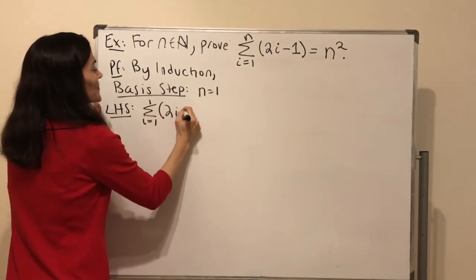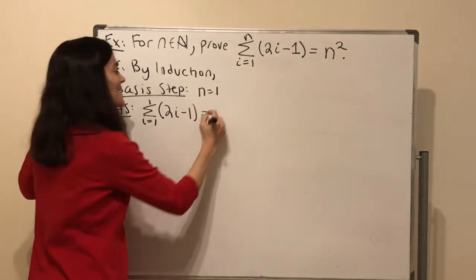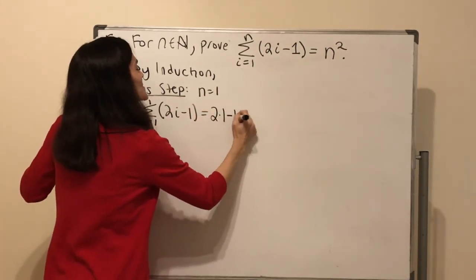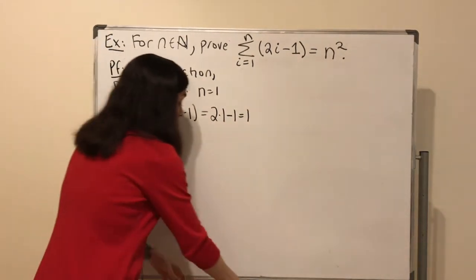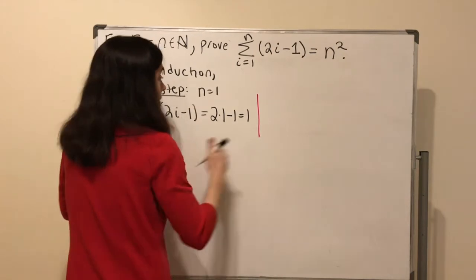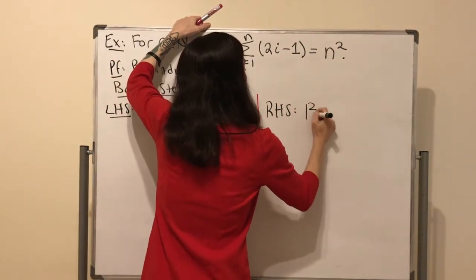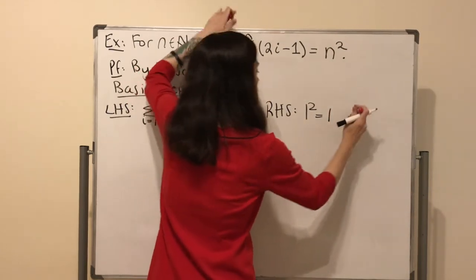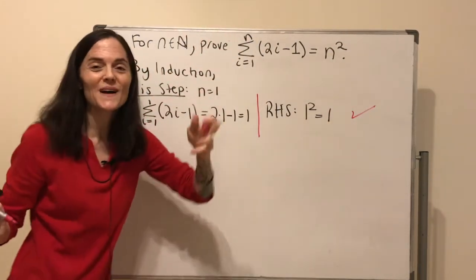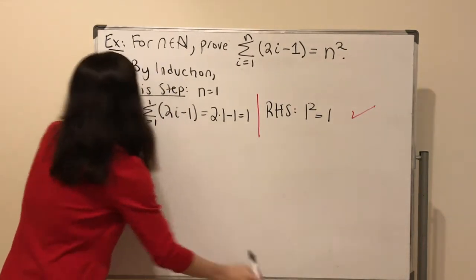It's the sum, i goes from 1 to 1, of 2i minus 1. This is just 2 times 1 minus 1, which is 1. And then the right-hand side is 1 squared, which is 1. So we have 1 equals 1, and so everything is wonderful for our basis step.